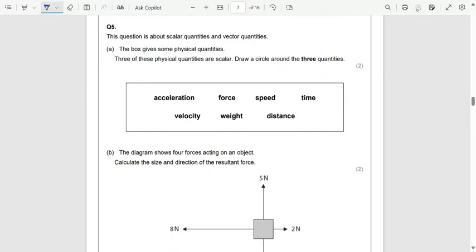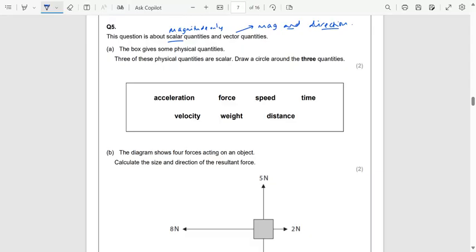Question 5 is about scalar and vector quantities. So scalar has magnitude only, in other words, a size. Vector is magnitude and direction. So in other words, it can be kind of plus or minus, it could be forwards or backwards, something like that.